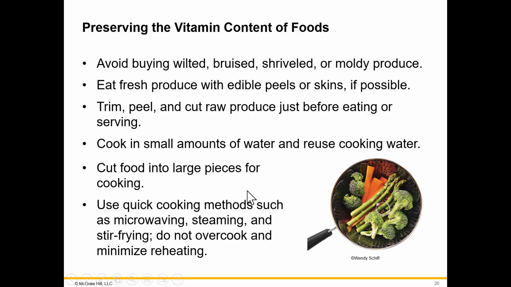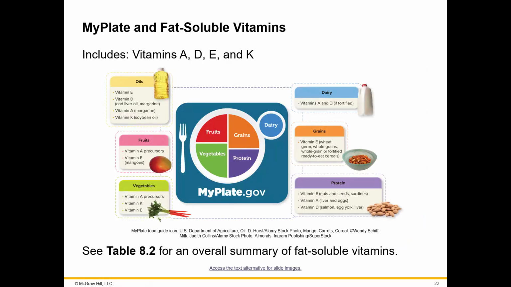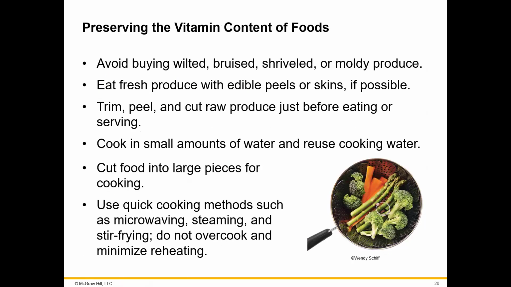It's very easy to overcook vegetables and turn them into mush and drain away most of the vitamins in the water after cooking. So try not to do that. Steaming, microwaving, or stir frying, using as little heat as possible as well when you cook your vegetables.